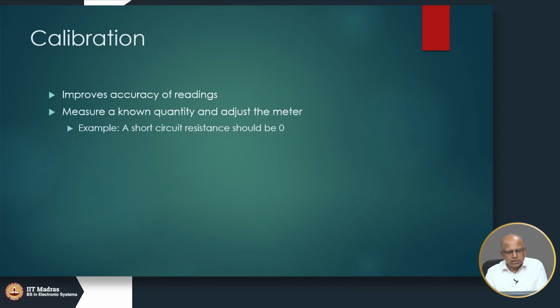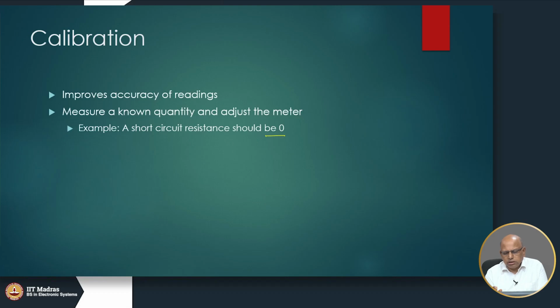So, what is calibration? Once again, it is a way to measure a known quantity and adjust the meter. For example, if you are using a multimeter, a multimeter can measure many things such as voltage, current, resistance, etc. One of the first things people do when they start using a multimeter is short the probes when measuring resistance, to see what the resistance of a short circuit is.